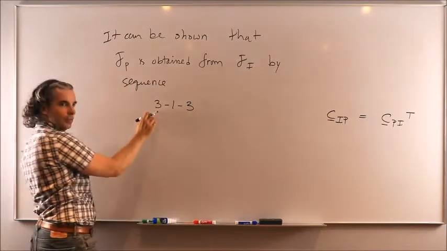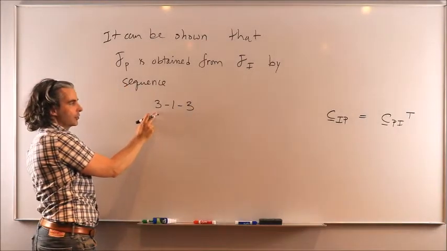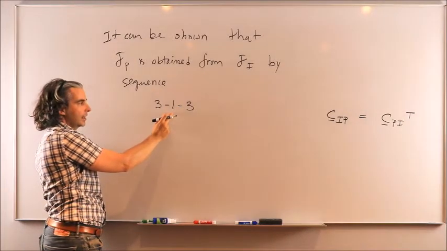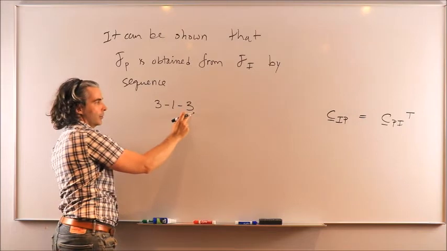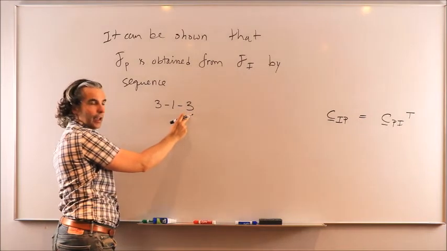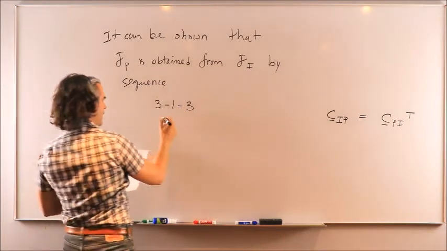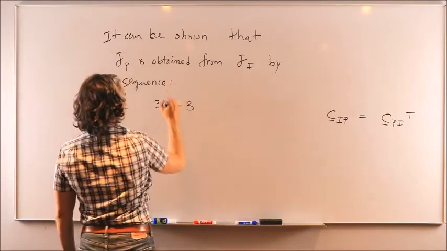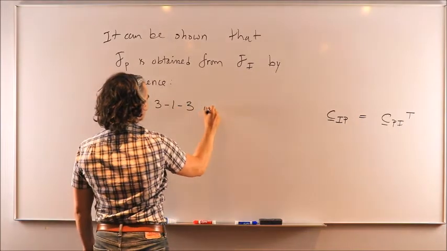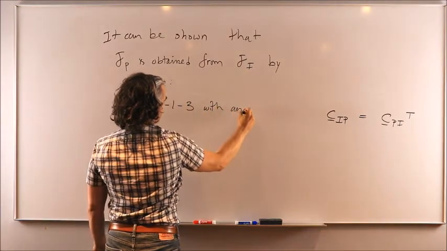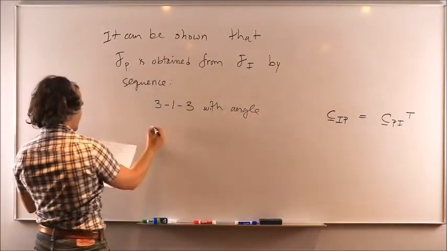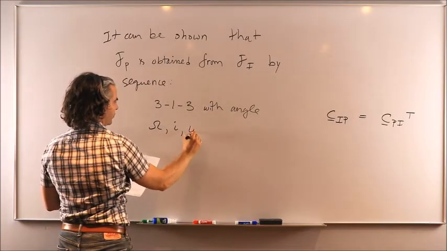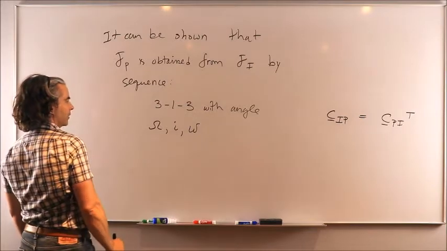Meaning this is a rotation about the Z unit vector first, followed by a rotation about the X unit vector second, and lastly, a rotation about the Z unit vector again. And the angle involved was 313 with angles RAAN, inclination, and argument of perigee omega, respectively.